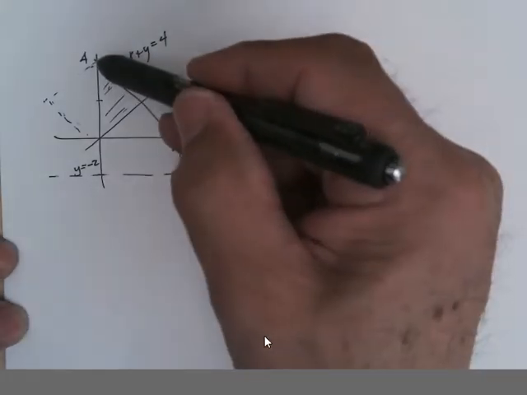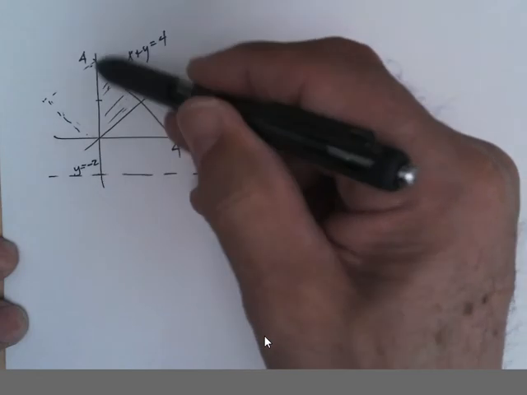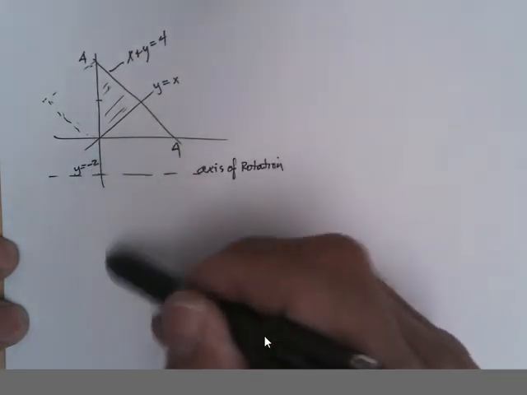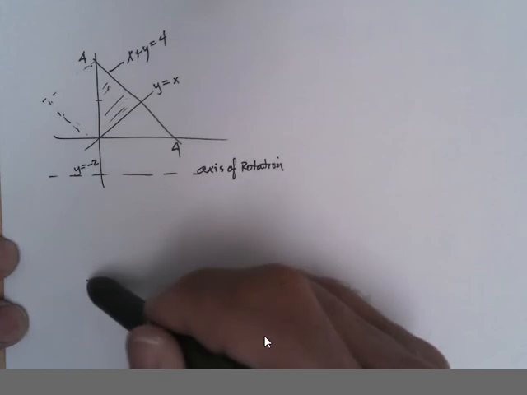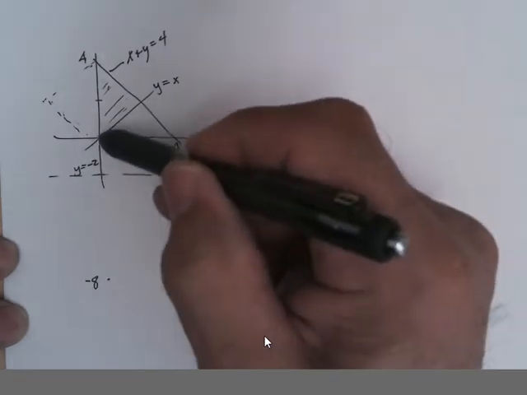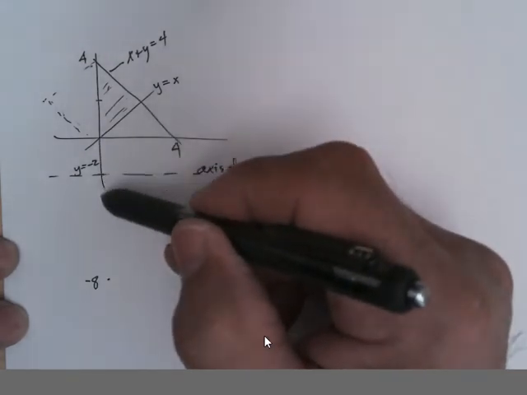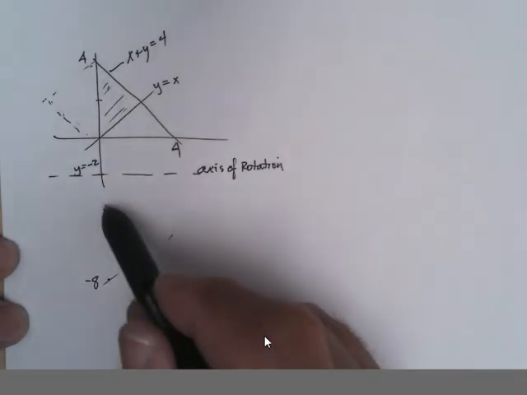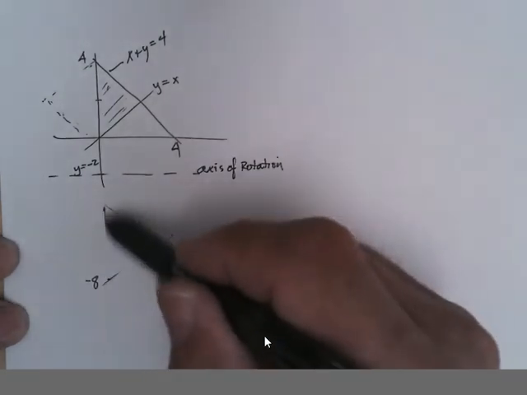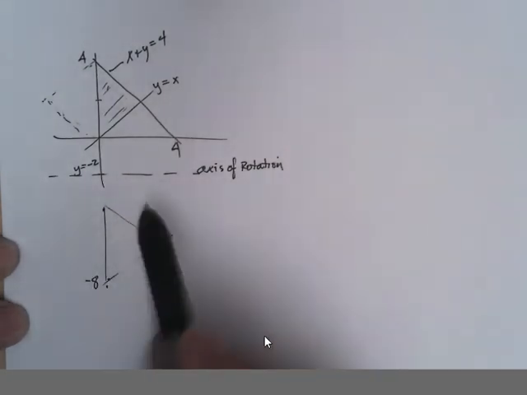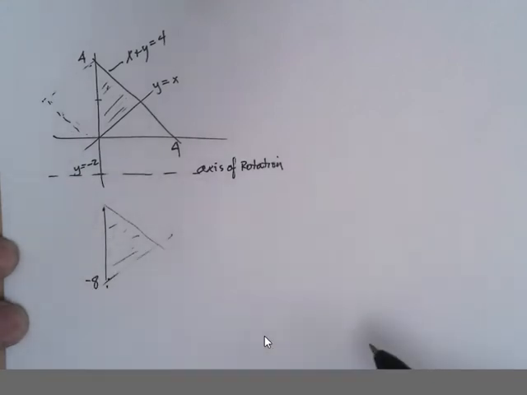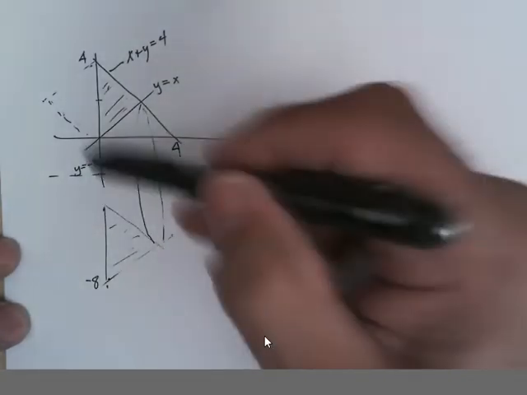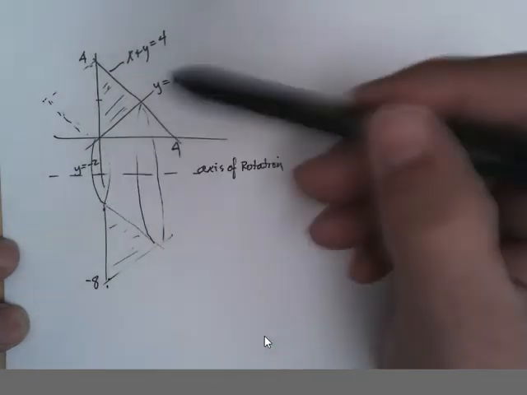Which means this 4, which is 6 above the axis, would be 6 below the x-axis. 6 below minus 2 would be down here at minus 8. And this 0 would be down 2 more below minus 2, which would be at minus 4. And the triangle would be something like this. And this point would come down to here. This point would go from here to here.